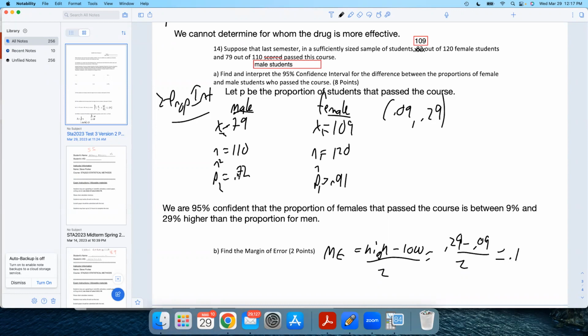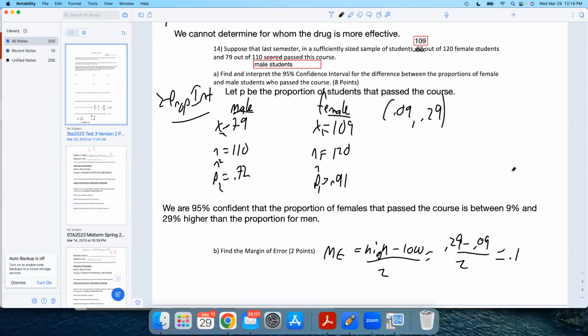Notice, by the way, my difference here is about 20 points. So the sample says the girls are about 20 points higher than the guys, plus or minus a little.